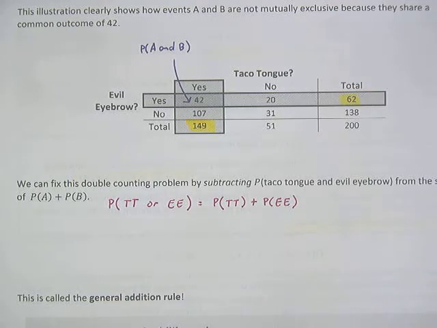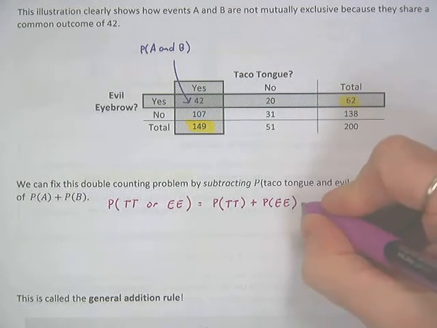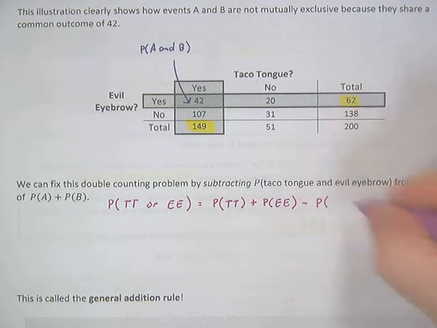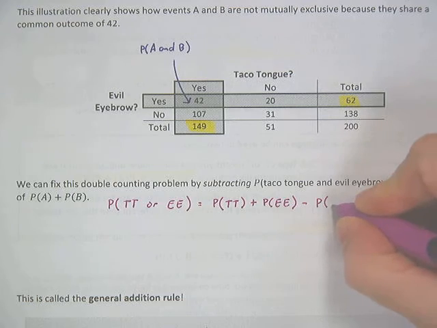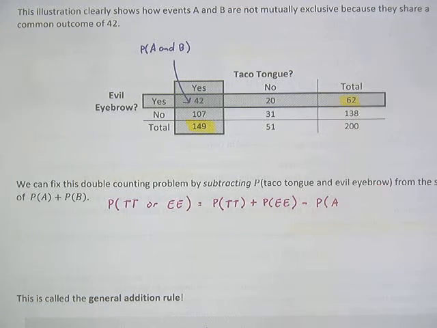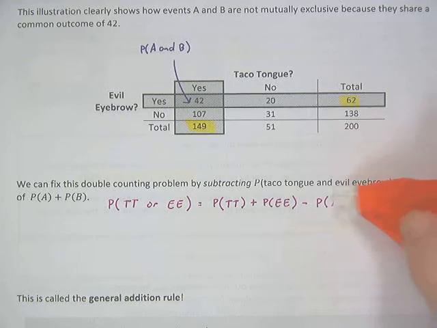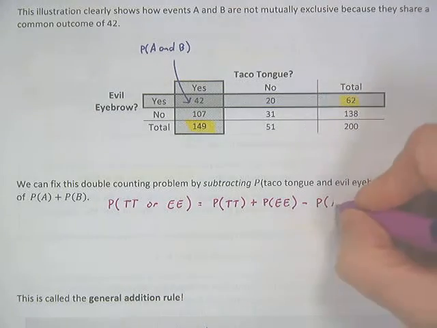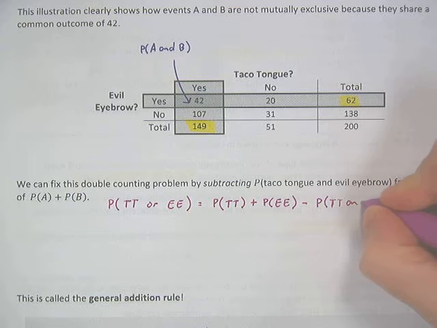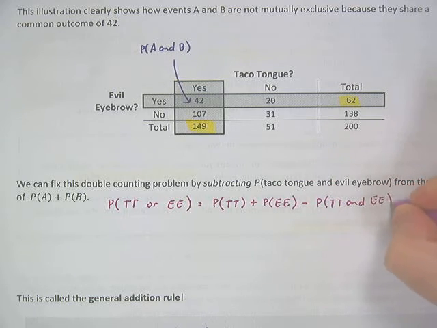That's going to be the 149 and the 62, but then we need to subtract out the probability that a student can taco tongue and evil eyebrow. So let me fix this really fast. And that's that 42 that we'll subtract out.